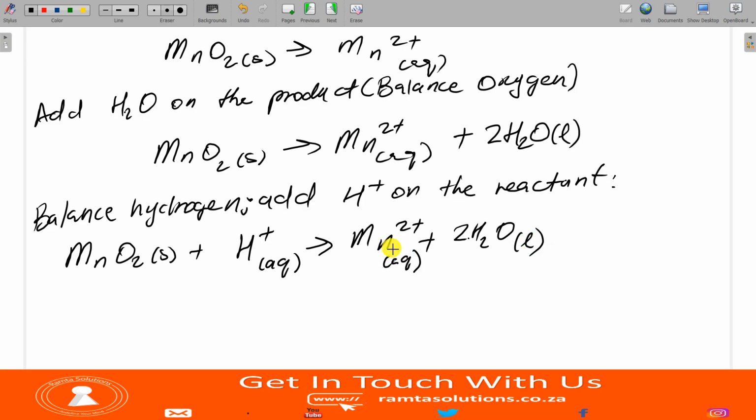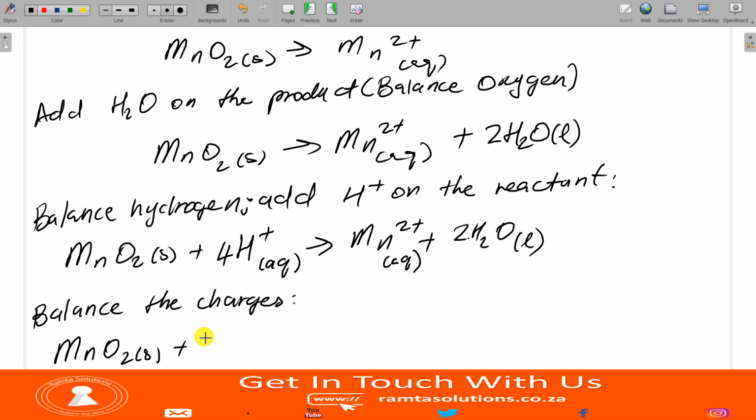Now let's see, balancing the hydrogens, we have 4, we have 1, so it'll be plus 4. Now, we have 4 charges on the reactant side and 2 positive charges on the product side. So, balance the charges. We will need to add 2 electrons on the reactant.